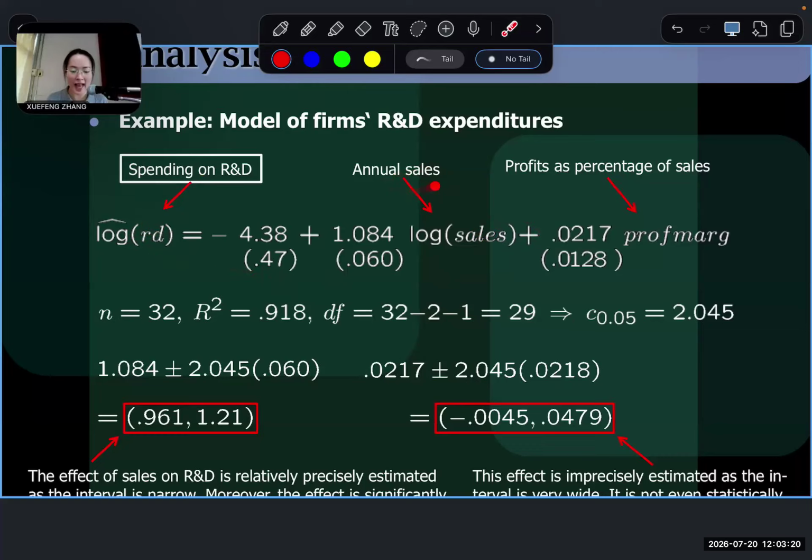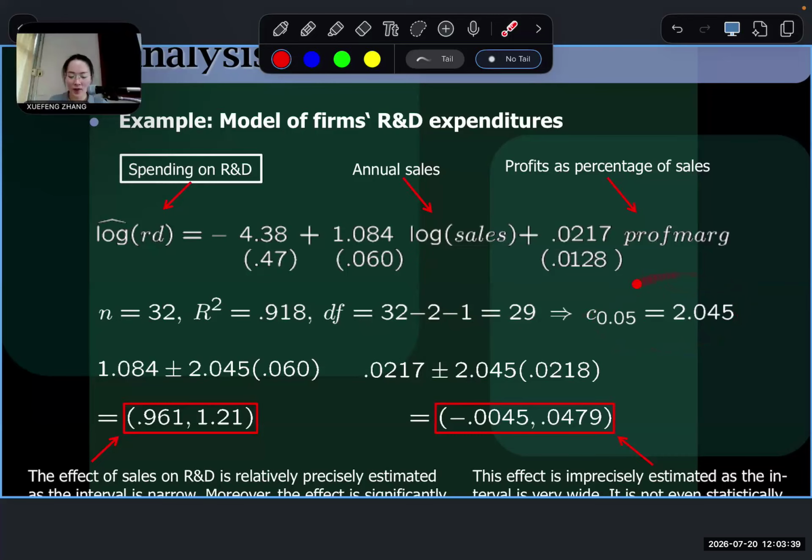Sales is annual sales. And this is the profit as a percentage of sales. Be careful about the sample size, which is 32, and R square is 0.918, degrees of freedom 29.